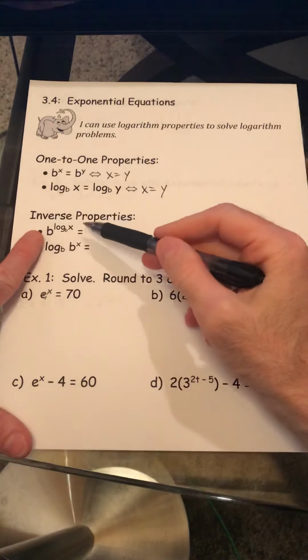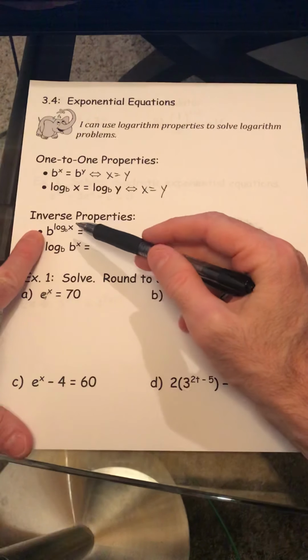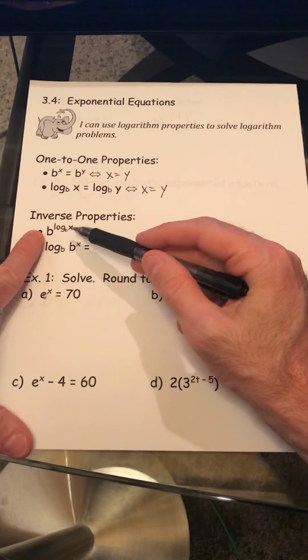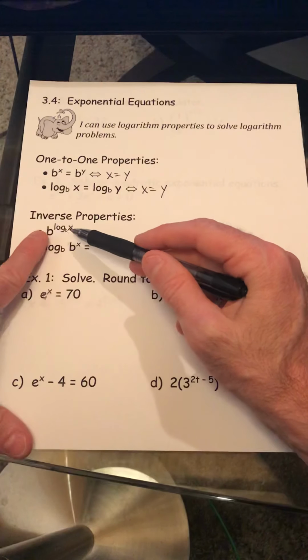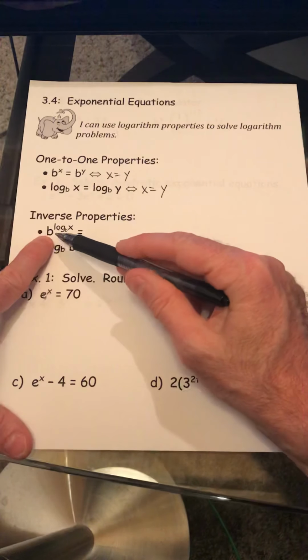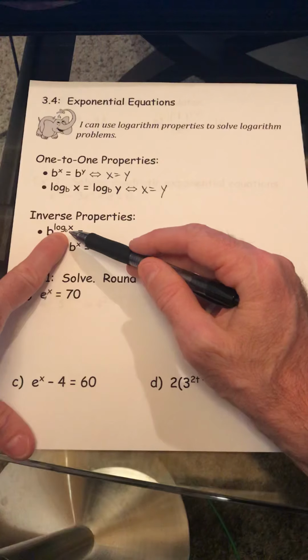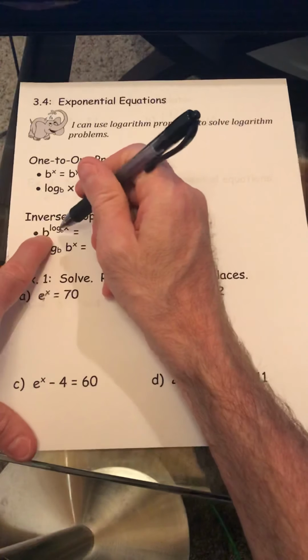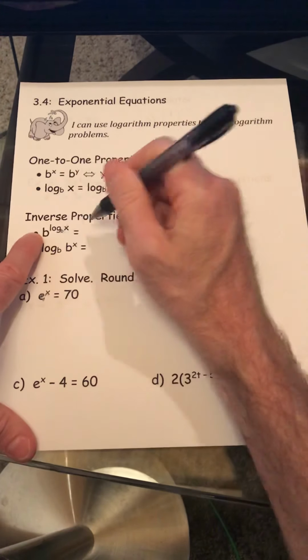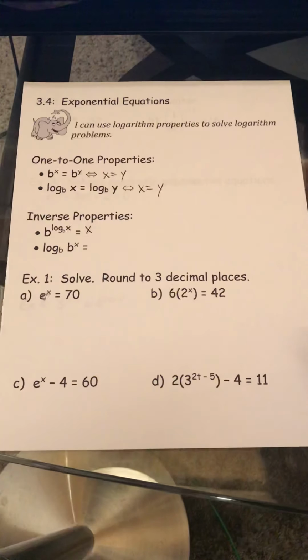And then the inverse properties. We've already talked about how exponential functions and logarithmic functions are inverses of each other. If you take a base to an exponential expression with a logarithm of the same base, the base and the logarithm cancel, leaving just an x.